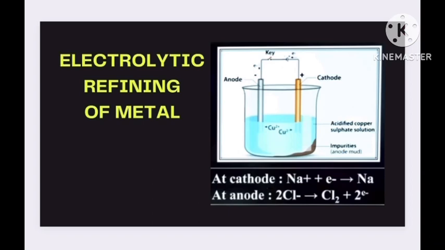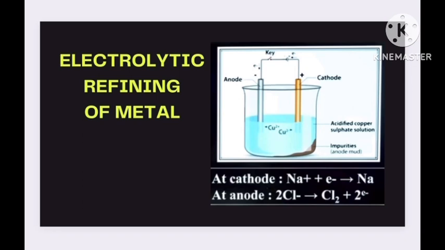In this process, the impure metal is made the anode and a thin strip of pure metal is made the cathode. A solution of metal salt is used as electrolyte. On passing the electric current as shown in the diagram, the pure metal from the anode dissolves into the electrolyte.